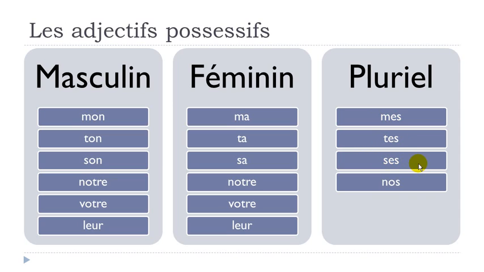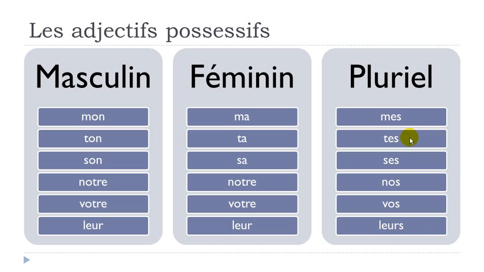And then for the plural, nos, vos, and then leur. Remember, even if you've got this final s, you don't pronounce it, as was the case already for this word, nos, you don't pronounce the final s, vos, you don't pronounce it, leur. So if we see that one more time, it's me, te, se, and then nos, vos, leur.